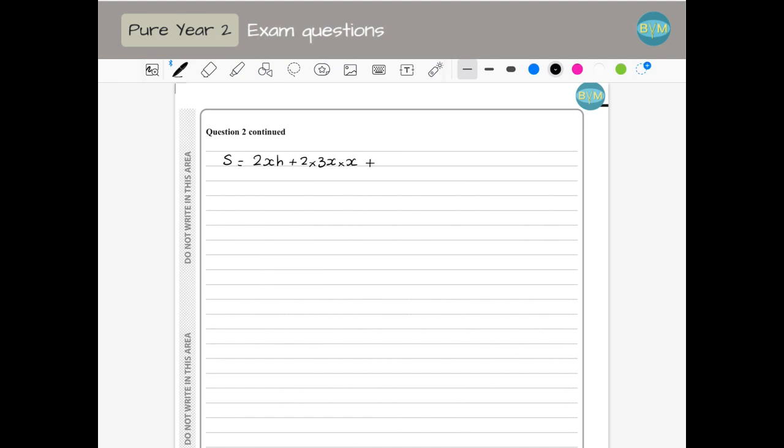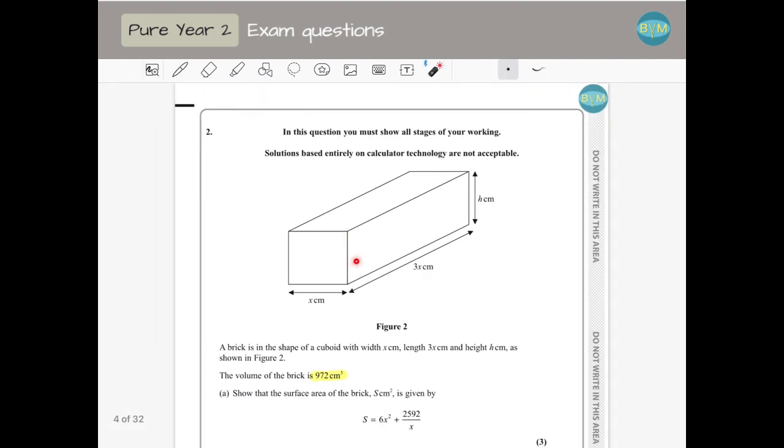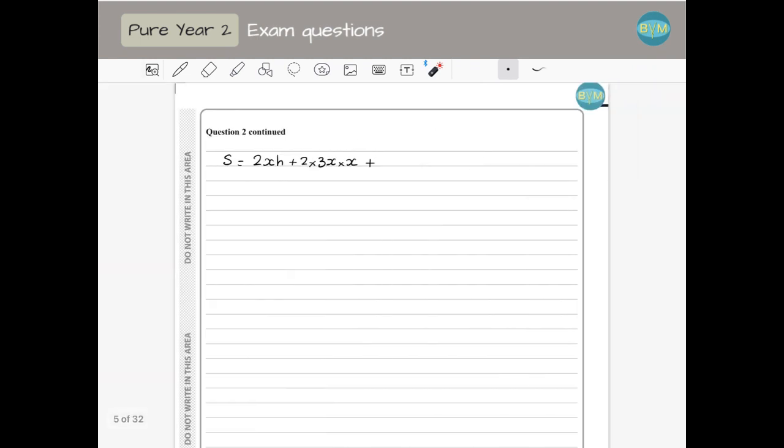And then two other sides, this lateral one and the parallel one, which are 3x times h, and two of those, so plus 2 times 3x times h. So I have 2xh here and another 6xh here, so 8xh, and then 6x squared.